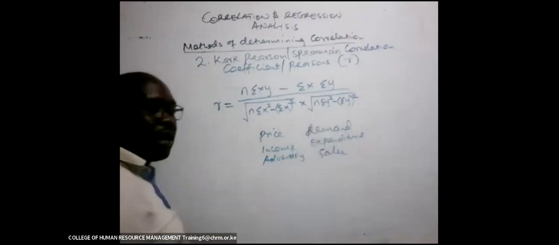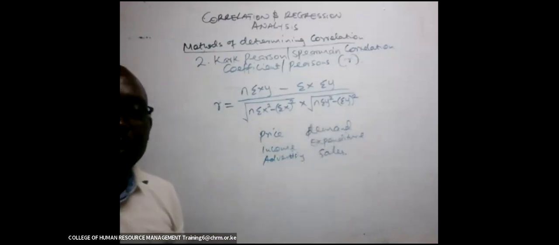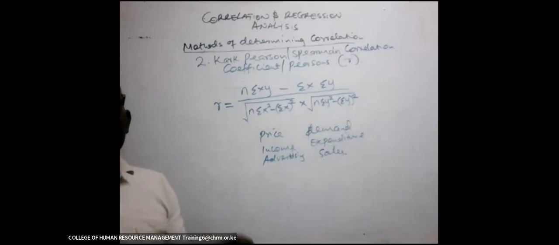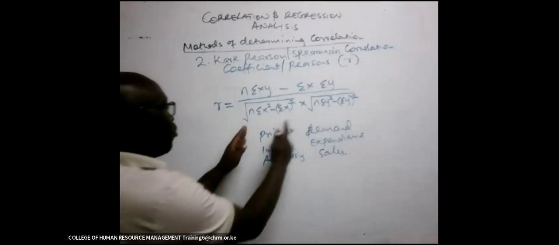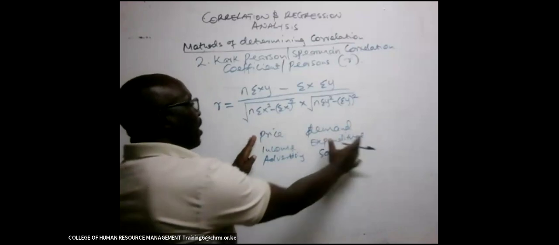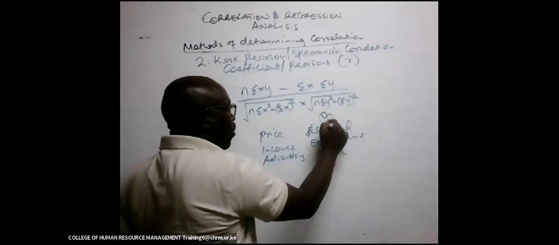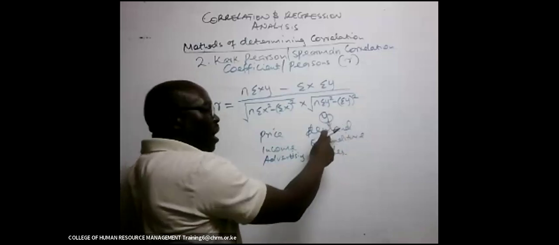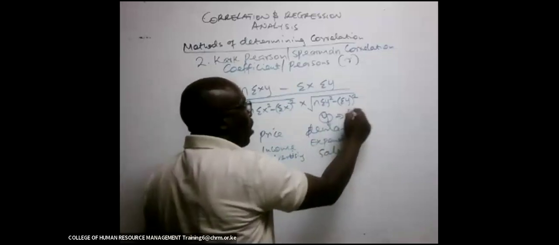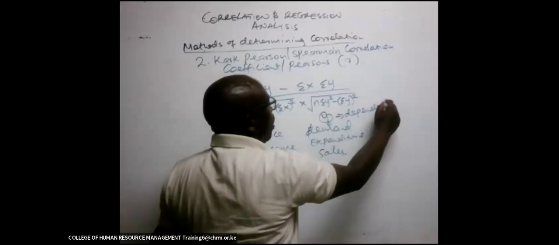These are variables, but in calculation we denote them by x and y. Demand is affected by the price. These ones we call y, the dependent variables.